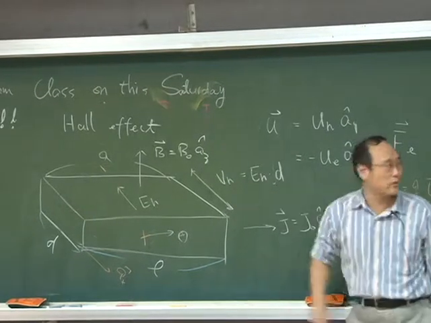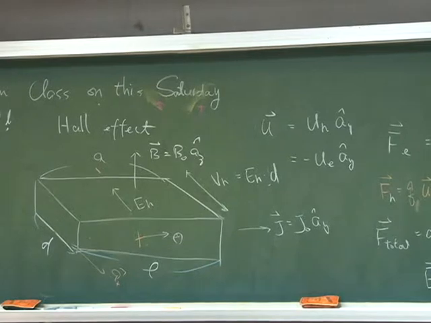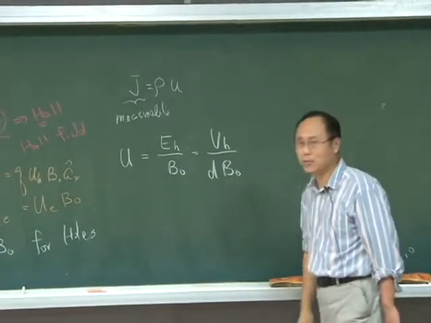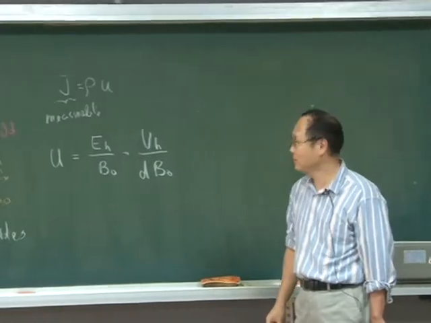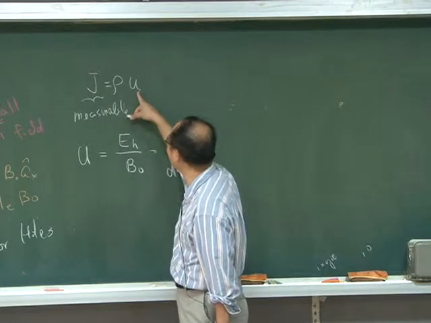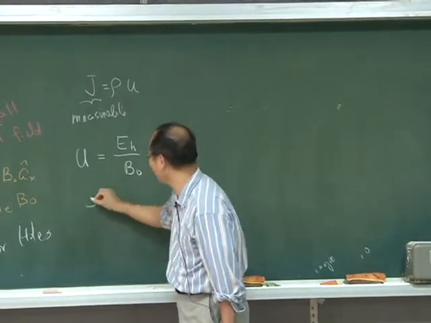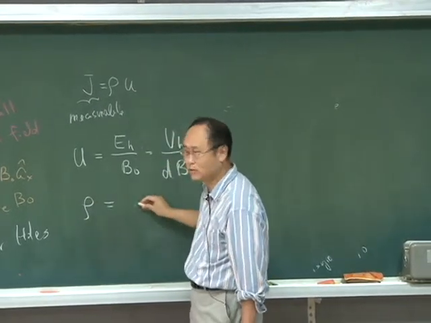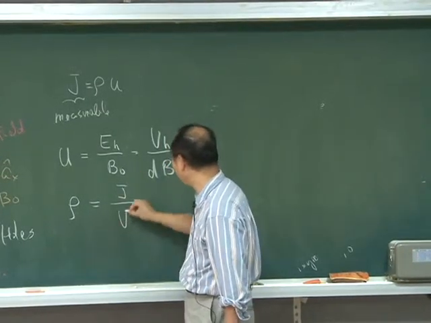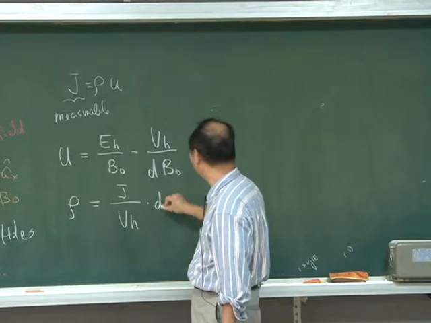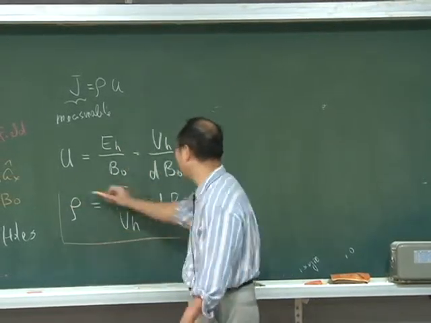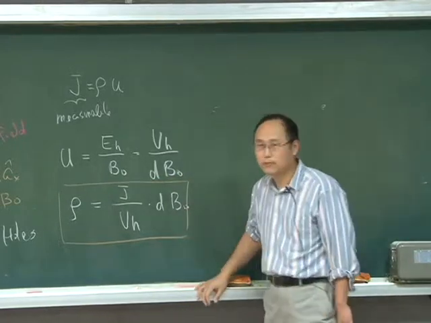This can be measured, right? So this is equal to the Hall voltage divided by D, and then divided by the magnetic field. So this can be measured, this can be measured, so your charge density is equal to the current divided by U, that is VH multiplied with dB0. So you can calculate the charge density from this expression.